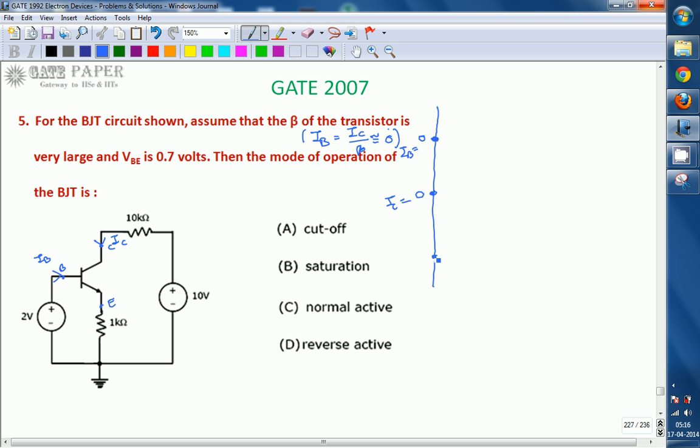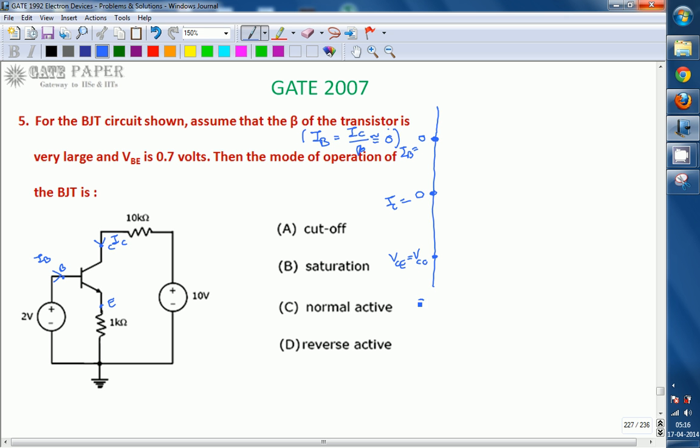And whenever this happens, the voltage VCE is going to be approximately equal to VCC. Since no current is flowing through the output loop, there is no voltage drop across the 10 kilo ohm and 1 kilo ohm. The total applied voltage of 10 volts has to be borne by the transistor itself, since it is acting as an open circuit under the cutoff condition.